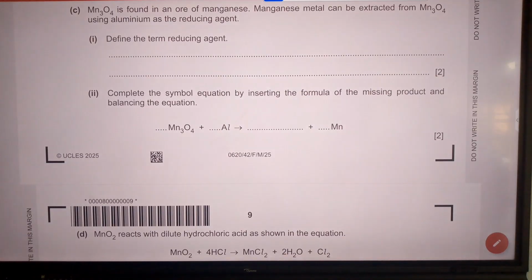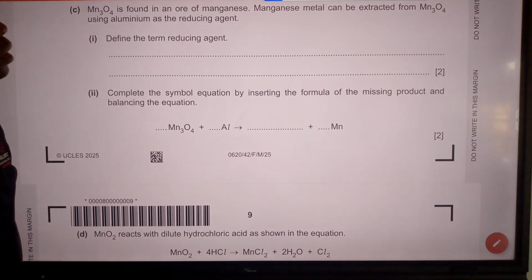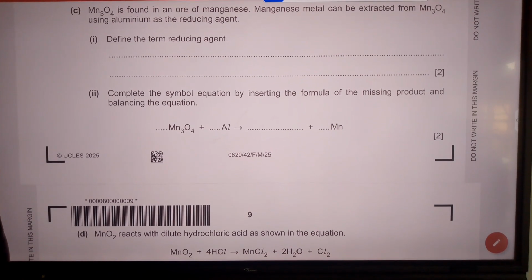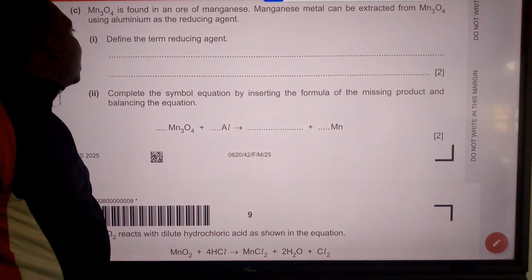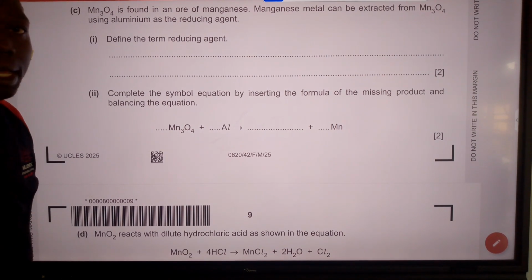The next question reads, Mn3O4 is found in an ore of manganese. Manganese metal can be extracted from Mn3O4 using aluminium as the reducing agent. Define the term reducing agent.